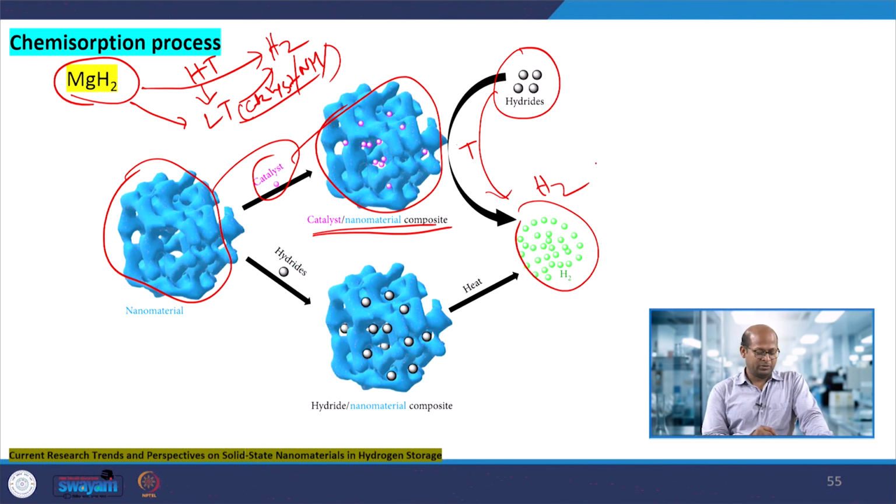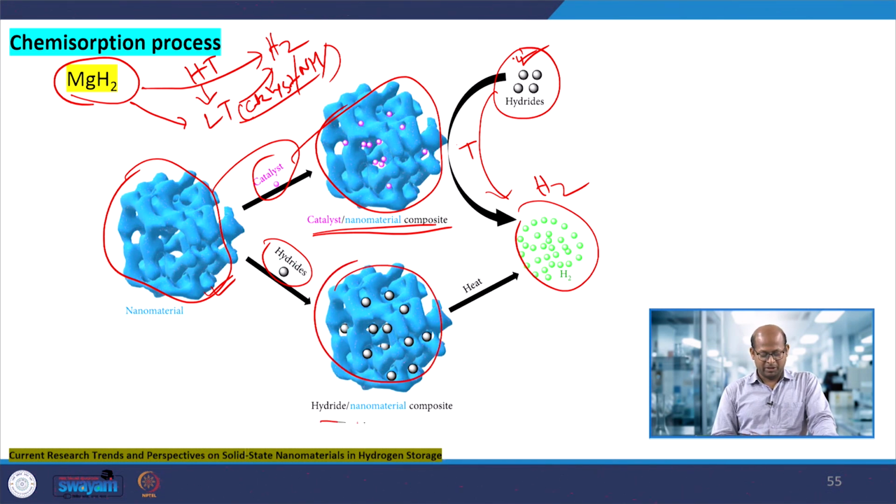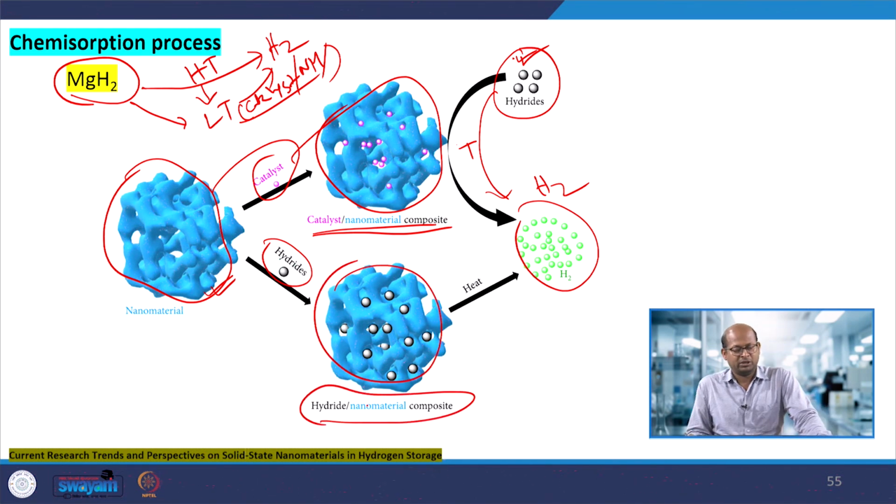Or else, we have different types of nanomaterials, such as metal oxides. With the hydrides, we can mix these same materials using a particular method: the solvothermal method, or different milling processes like cryogenic milling or ball milling, or facile solution methods.